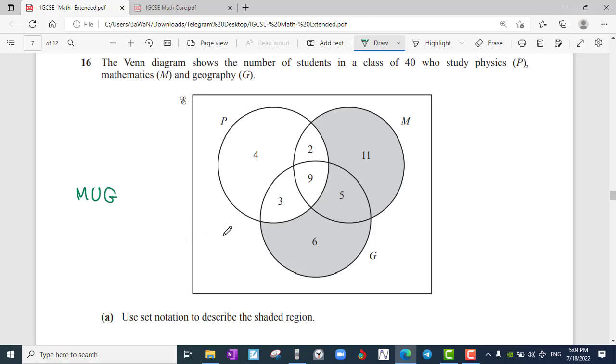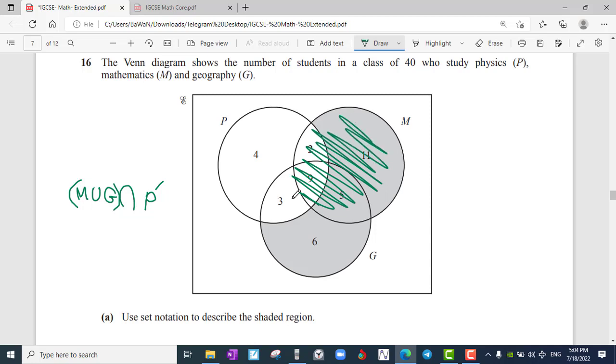Then M union G intersection with P prime. We can give brackets here. M union G is this full circle and this full circle. That's just M union G. Now P prime, I'm going to shade P prime with orange.